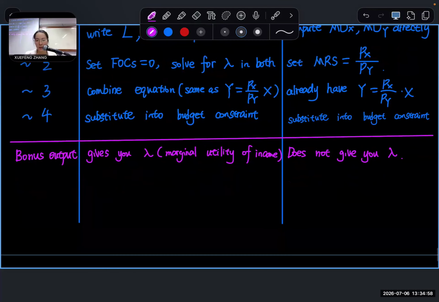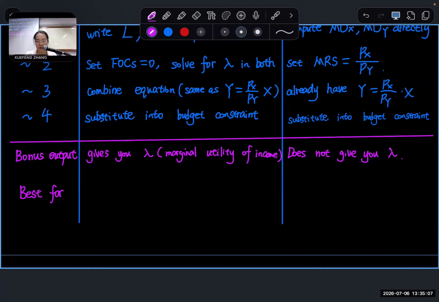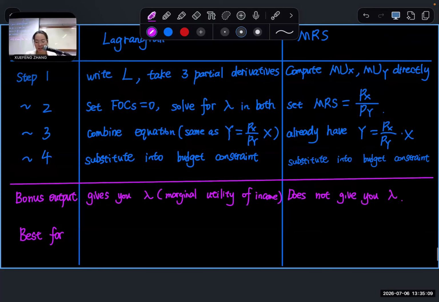So, which method is best for what? For Lagrangian, it's best for complex problems, okay? Like when you have multiple constraints.